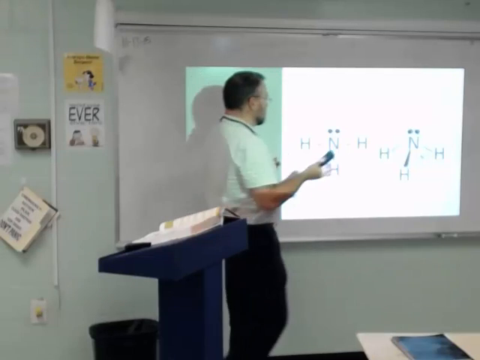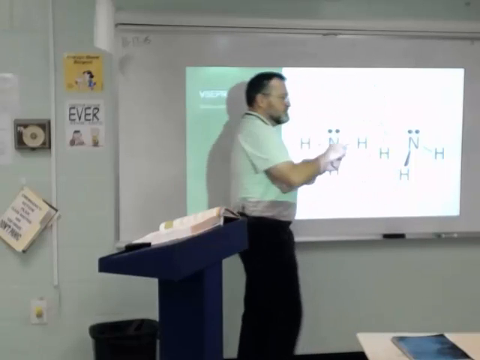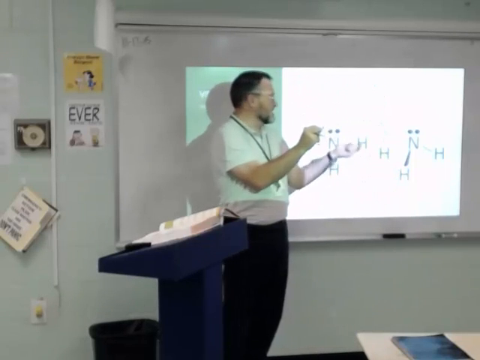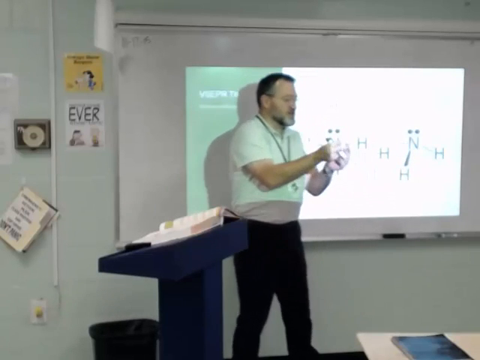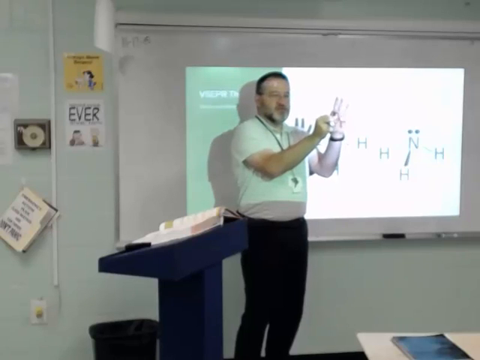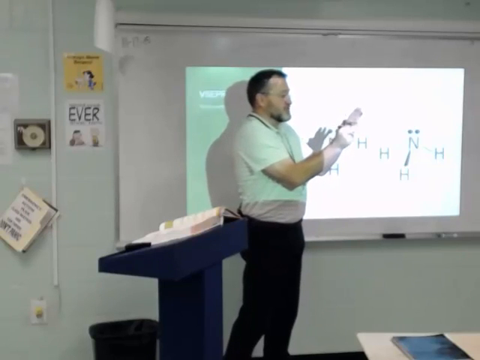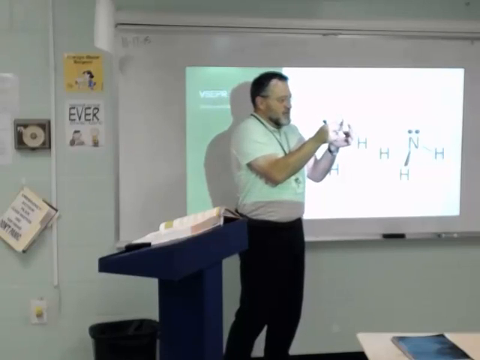So the pyramidal starts off, we think about a tetrahedral, and then we remove one of the pair. Now, if you look at the manipulative in your hand, this unbonded pair represented here by this little nub on the top. The little nub represents an electron pair, an unbonded electron pair, and it's going to be pushing down. So this is not technically correct anymore. The angle should have changed.